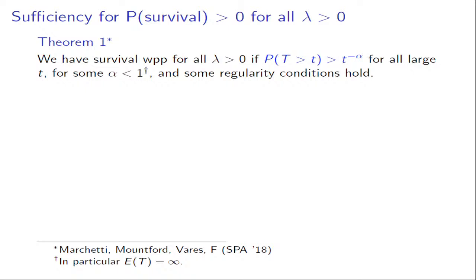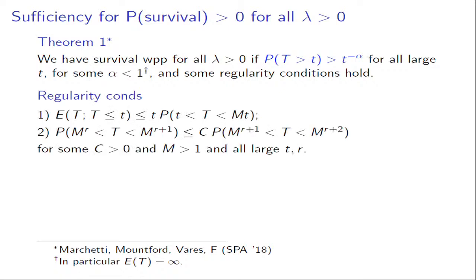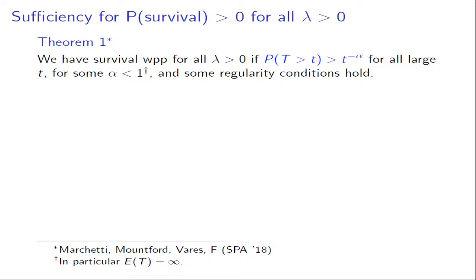And indeed this is the correct way to think. Our first result stipulates that if we have a heavy tail for that distribution, so that the tail distribution is larger than t to the minus alpha, with alpha larger than 1, then we get this phenomenon of survival with positive probability for every lambda.